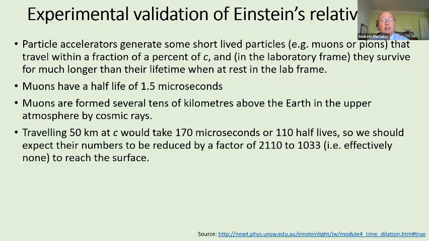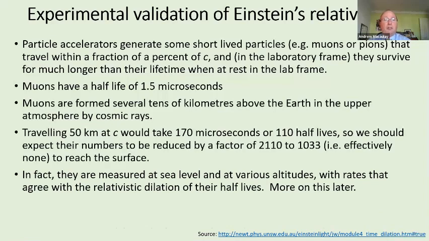So effectively on Earth, which is our stationary frame of reference, we would expect to see no muons at all from 50 kilometers above the Earth where these muons are formed. That's the expectation. The reality is you can measure them at sea level and at various altitudes with rates that agree with relativistic dilation of their half-lives.